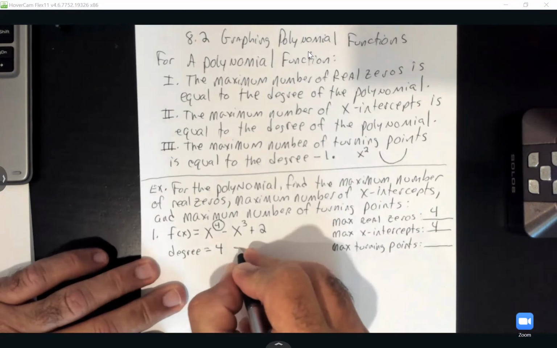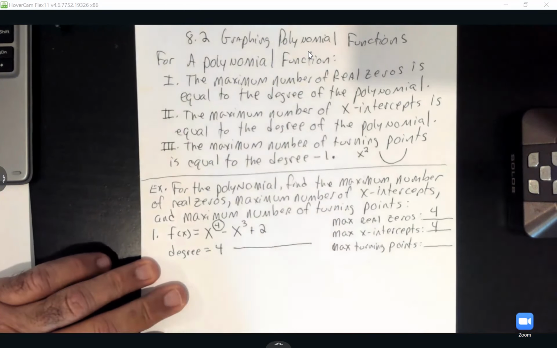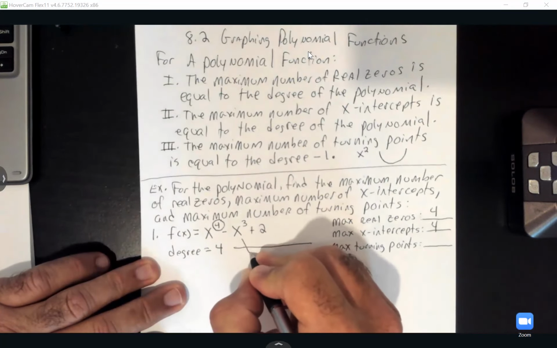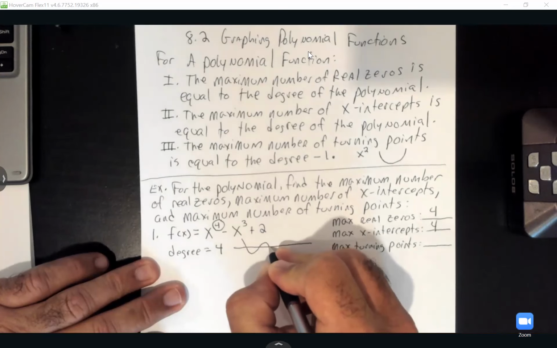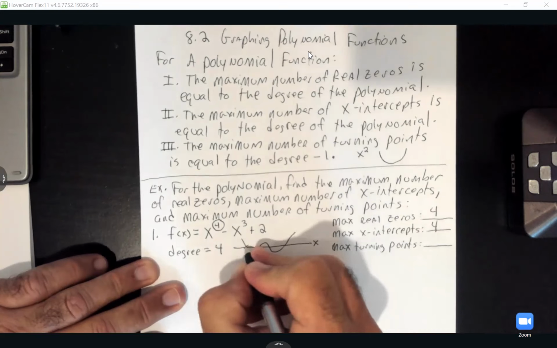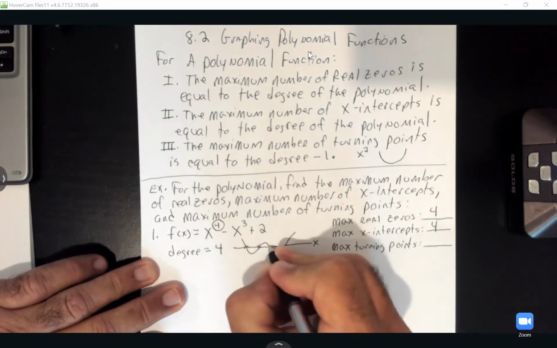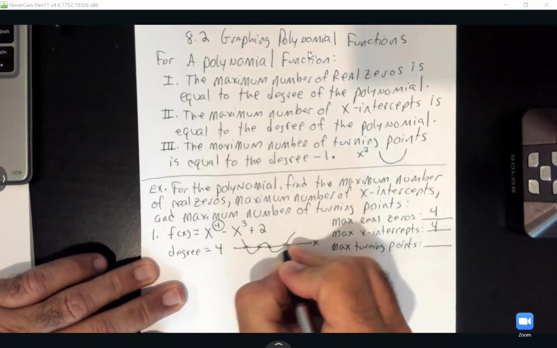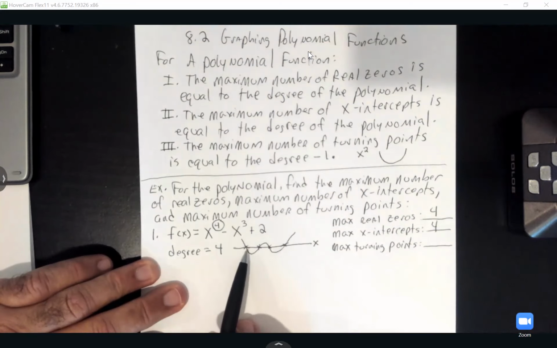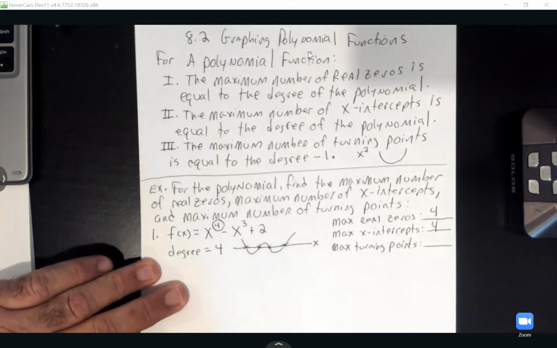So if this was a graph, this graph is coming down, might go up, down, and then up again. Say that was your x-axis. Notice here's 1, 2, 3, 4. So that's what they're talking about. It's going to cross the x-axis 4 times maximum, which means it also has 4 real zeros possible.